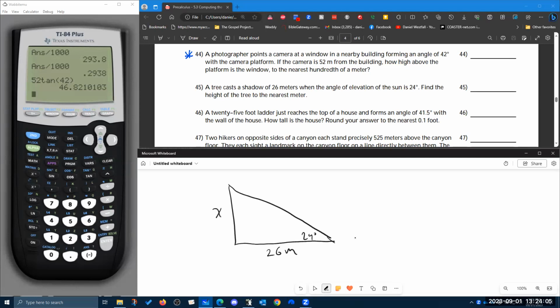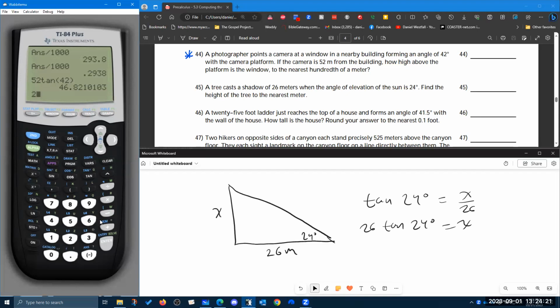So we again are using tangent here, that tan of 24 degrees is going to be x over 26. So 26 tan 24 degrees is equal to x exactly. Let's figure out what that is approximately. We want to round to the nearest meter. So x is about 12 meters.